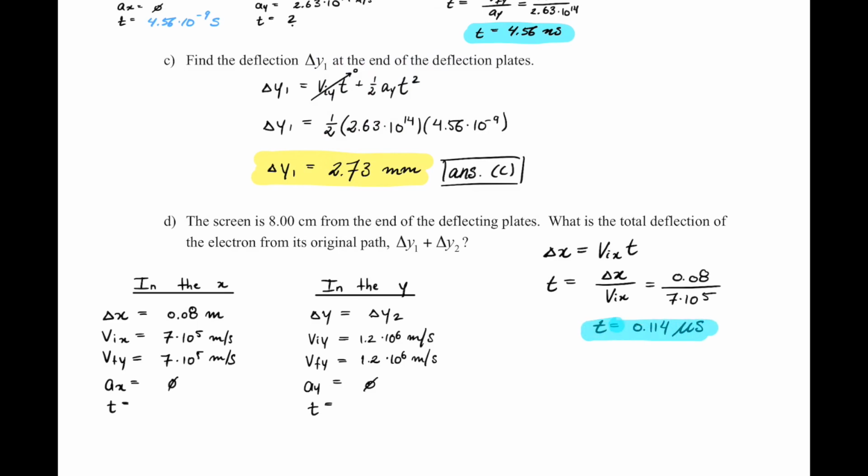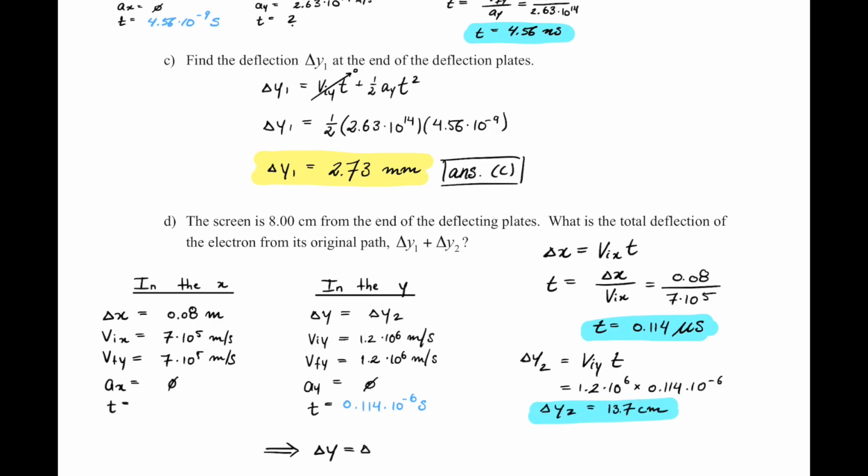This is simply another kinematics problem, and so making our two tables again, but this time with different values, we simply calculate delta y2 to be 13.7 centimeters. With this information, we now know that the total vertical deflection through which the electron moved was 13.97 centimeters.